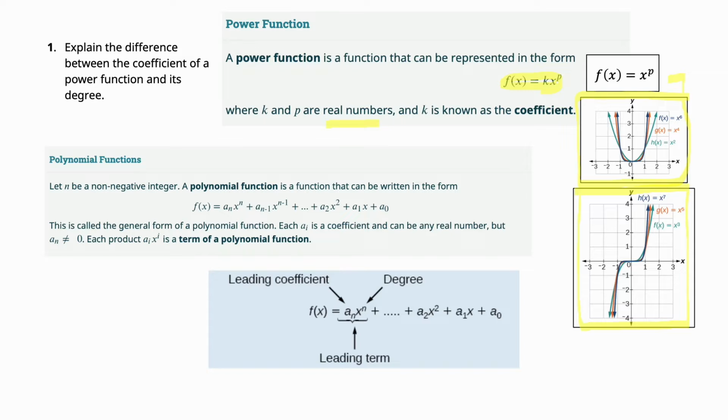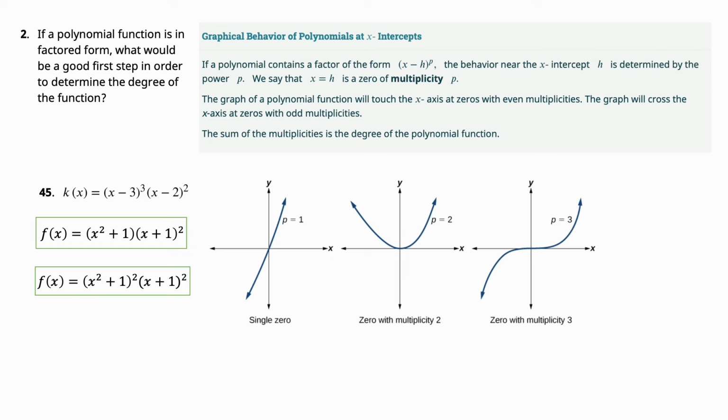The degree of the polynomial is the largest exponent of all of them. The leading coefficient is the coefficient on the term with the highest degree, and this is called the leading term. This tells us a lot about the polynomial, and we'll see that as we go along.